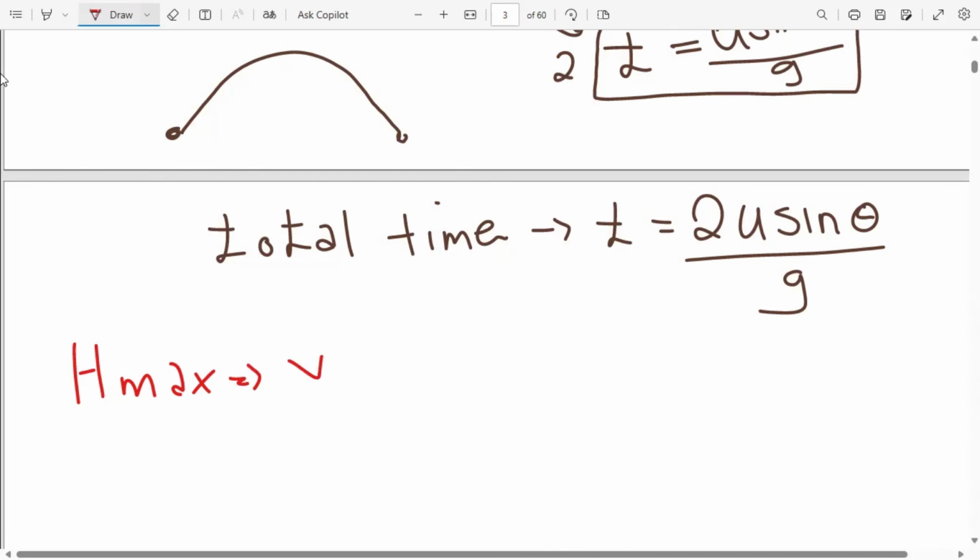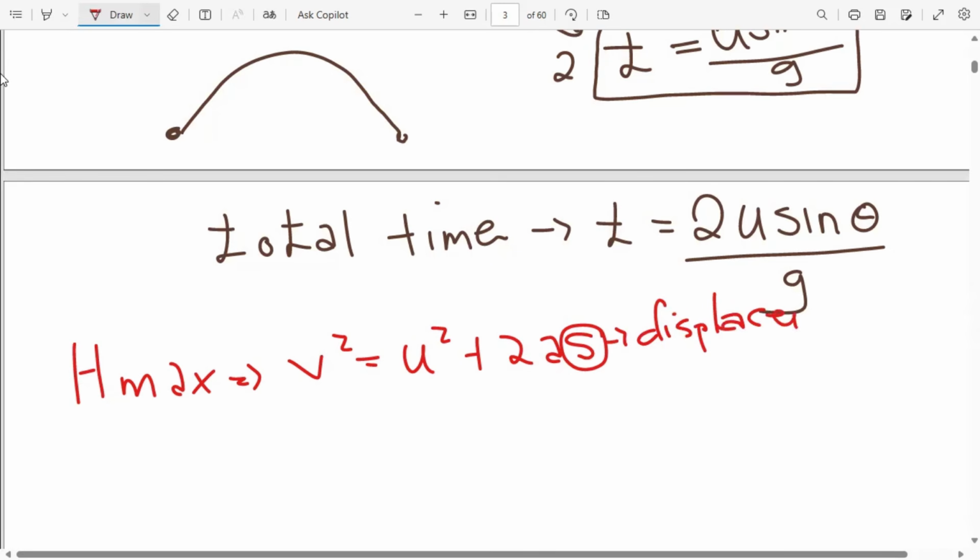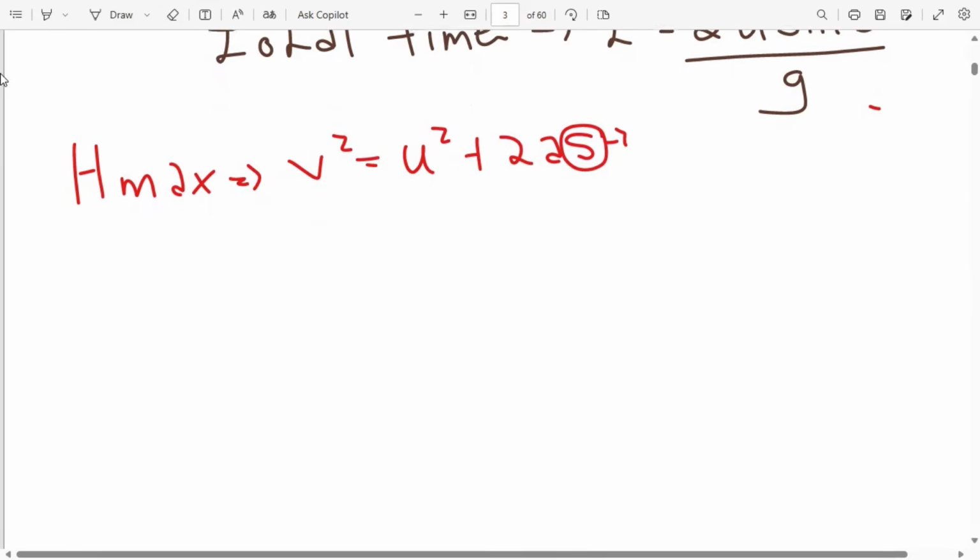We said v squared is equal to u squared plus 2as, where s here is the displacement. And this is what we are looking for, since we are looking for displacement in the y component. So we're looking for s in this case, and we're going to manipulate it and find the equation at the end.